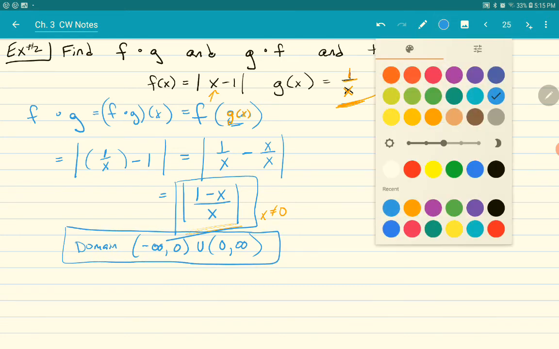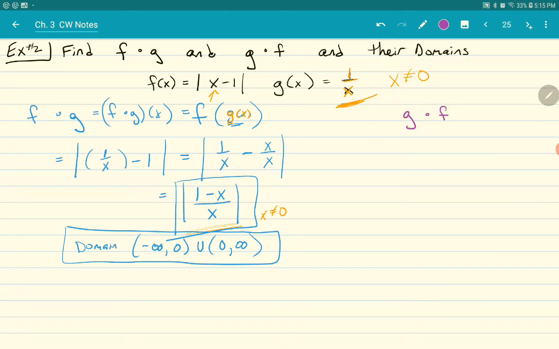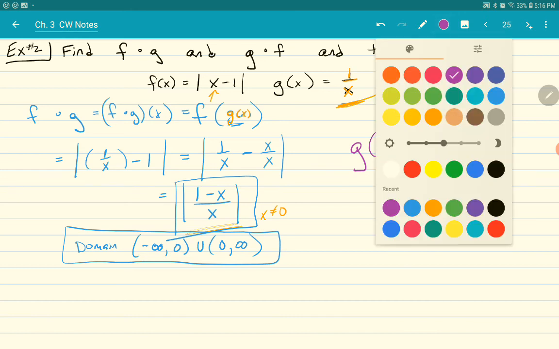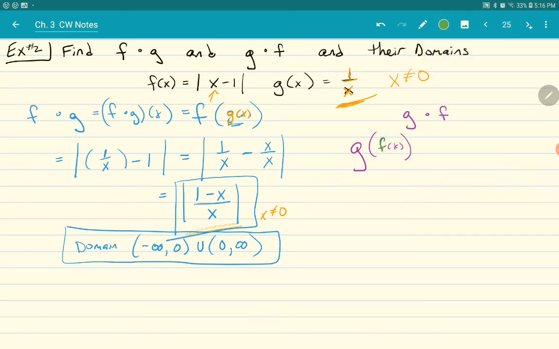And then g of f means I start with the g, so g of f of x. And f of x is the absolute value of x minus 1.